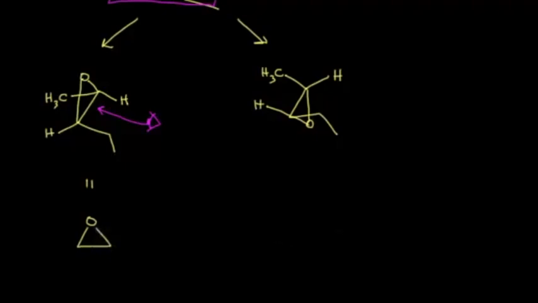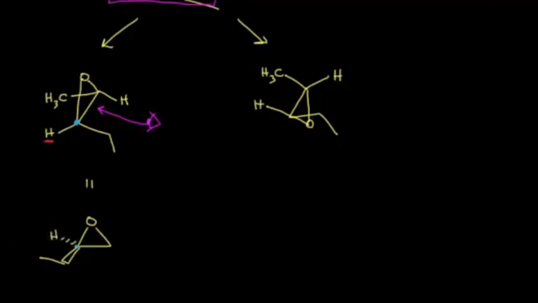Now, if I'm staring at it that way, I'm going to first focus on the carbon on my left, this carbon down here. And I can see that there's an ethyl group coming out at me, so I'm going to draw an ethyl group coming out at me in space. And I can see that there's a hydrogen going away from me in space. Hopefully it's obvious this hydrogen is going away from me in space. So I'll put my dash in here to show my hydrogen going away.